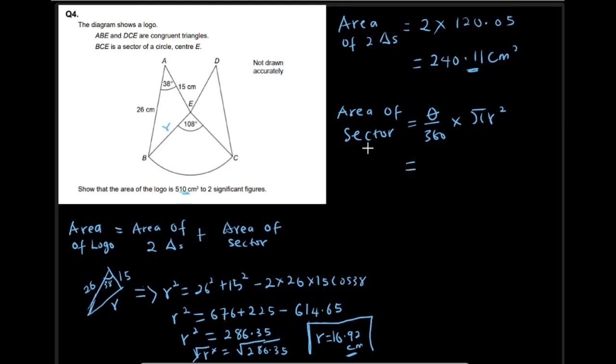The area of the sector will be theta, which is 108, over 360 times pi, which is approximately 22 over 7, times r squared, which is 16.92 squared.